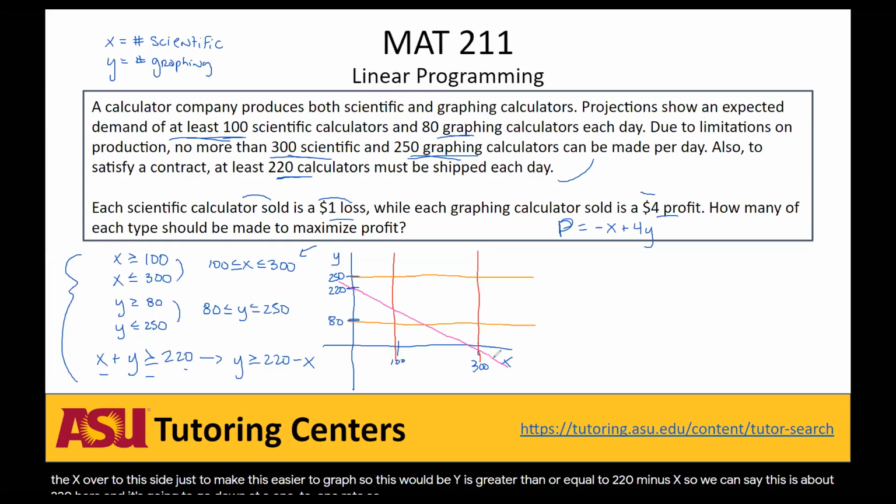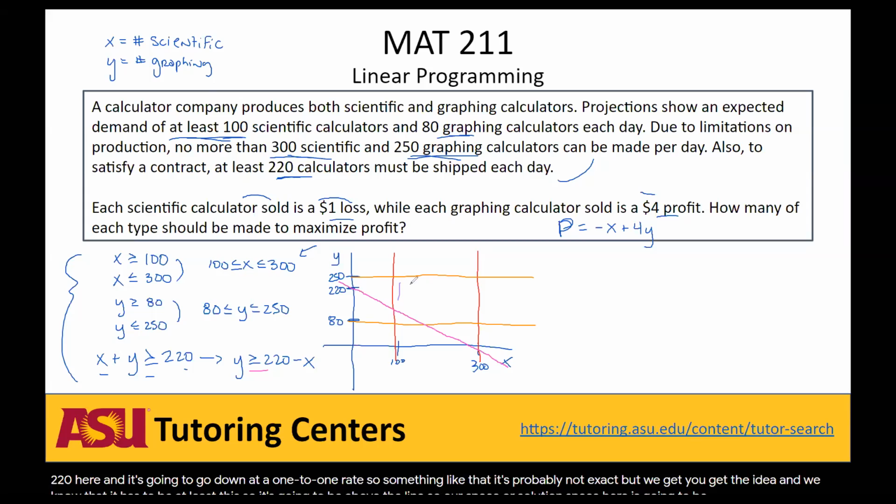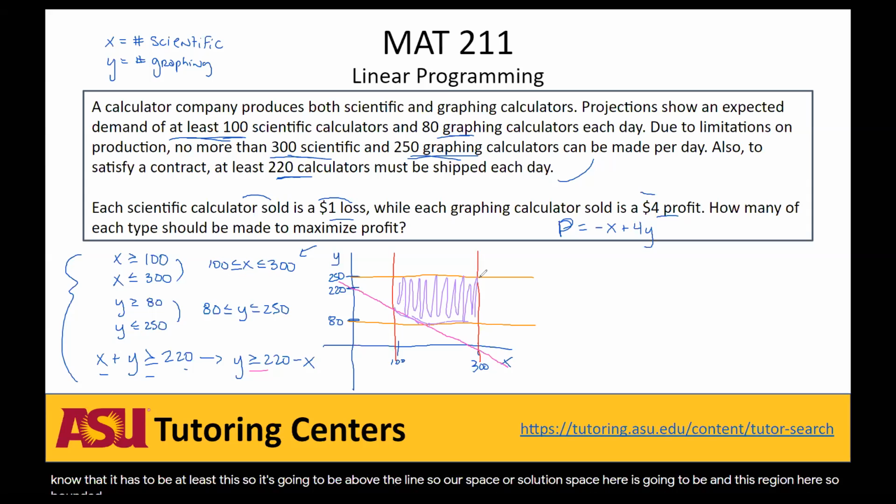So something like that. It's probably not exact, but you get the idea. And it has to be at least this, so it's going to be above the line. So our solution space here is going to be in this region, bounded right here. All right.